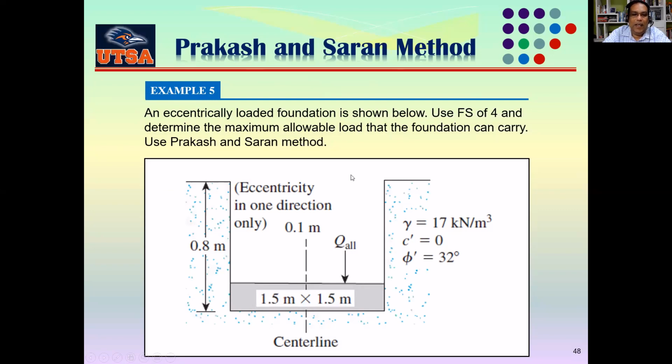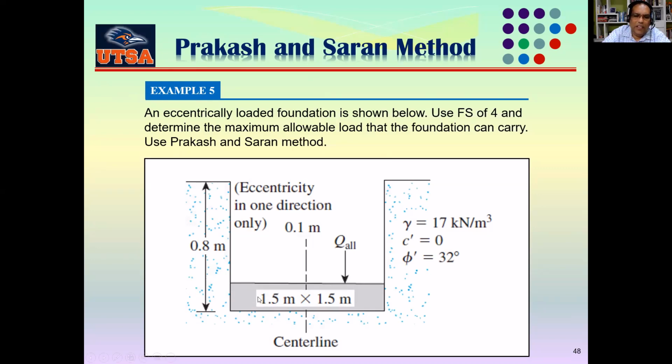So here you can see this is your foundation, 1.5 meter by 1.5 meter in size, and you can see the force Q is working down there, with an eccentricity in one direction of 0.1, and gamma equal to 17 kilonewton per meter cube. Cohesion is 0, so this is basically granular soil, and phi equal to 32.